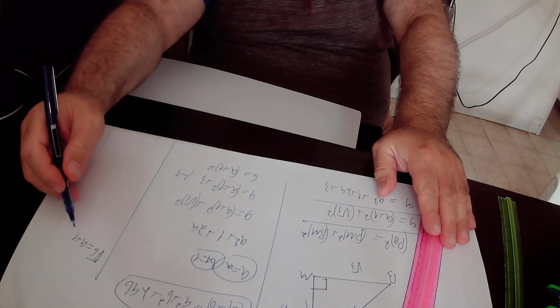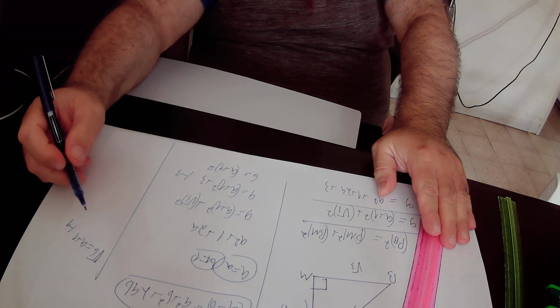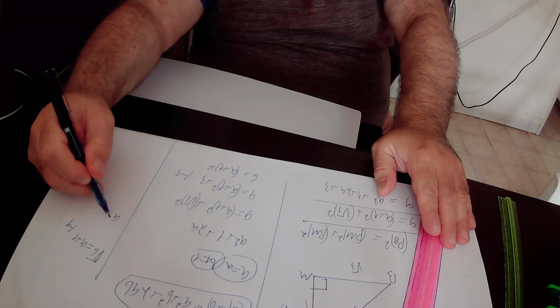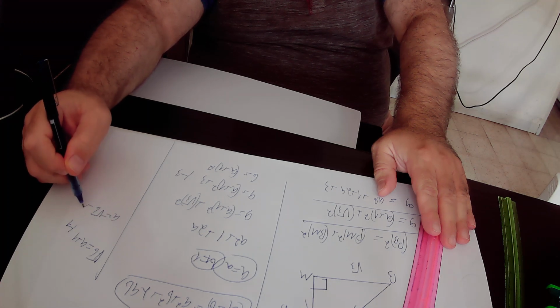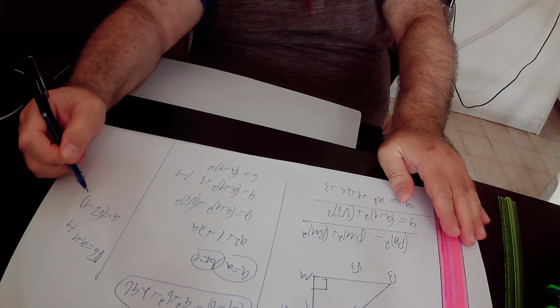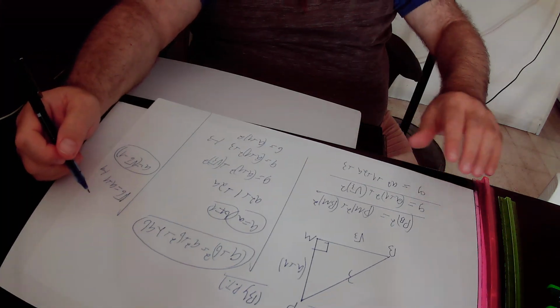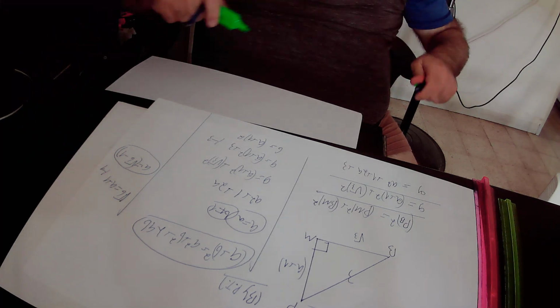So here we'll subtract 1 from the equation, and we get finally that A equals the square root of 6 minus 1 units. Okay, so we found that A equals the square root of 6 minus 1 units.